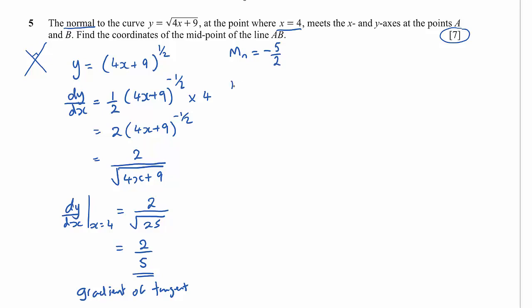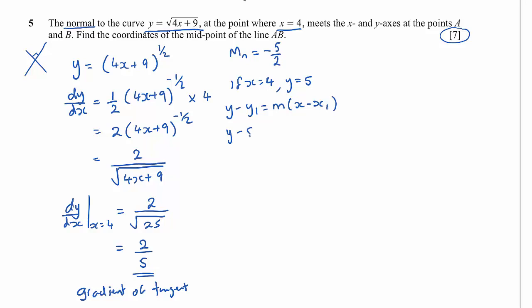Also, if x is equal to 4, y is equal to, substituting into here, 4 times 4 is 16, add 9 is 25, square root of 25 is 5. And so we can now use y minus y1 is equal to m(x minus x1).